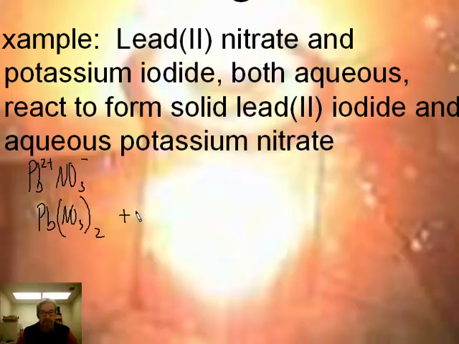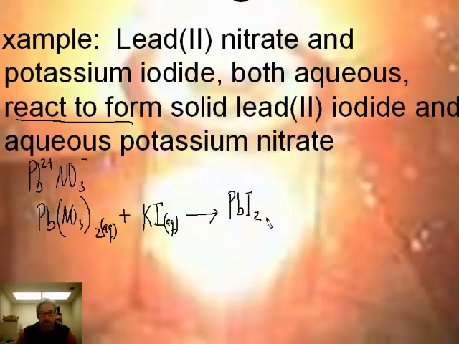Potassium iodide would be K 1 plus, I 1 minus, so that's just KI. It says these are both aqueous, so (aq), (aq). React to form, action word there, so I put an arrow in. Solid lead(II) iodide, so lead 2 plus and iodide 1 minus, PbI2, solid.